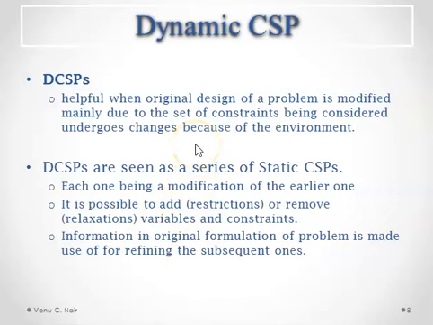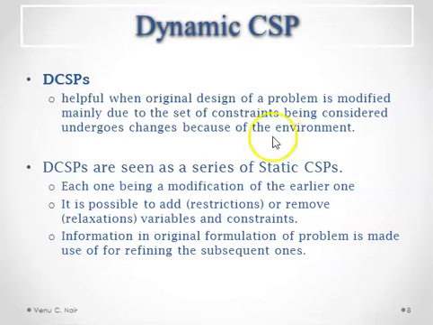When we use backtracking, we have seen that a system should interact with the environment. That means it should be changing with the environment as the environment demands. So in a dynamic CSP, we have to consider the changes that happen in the environment.